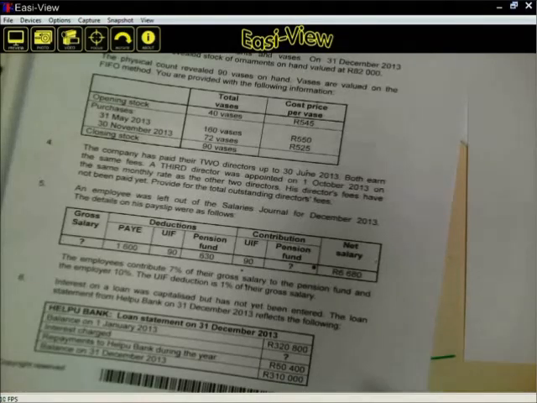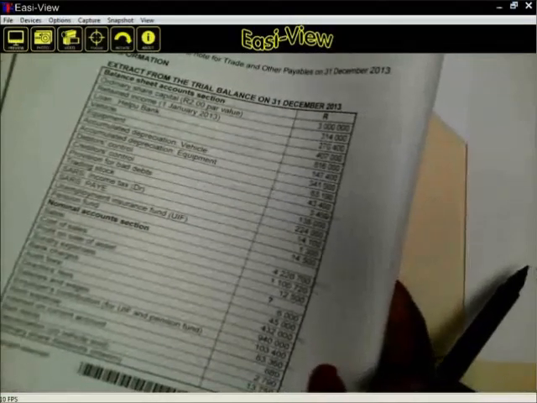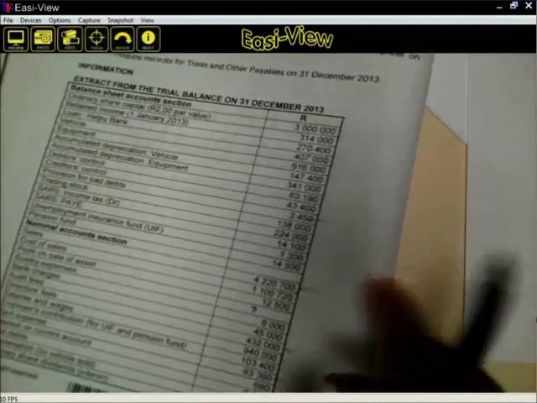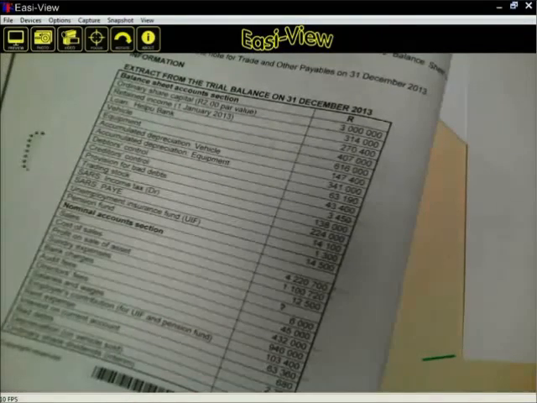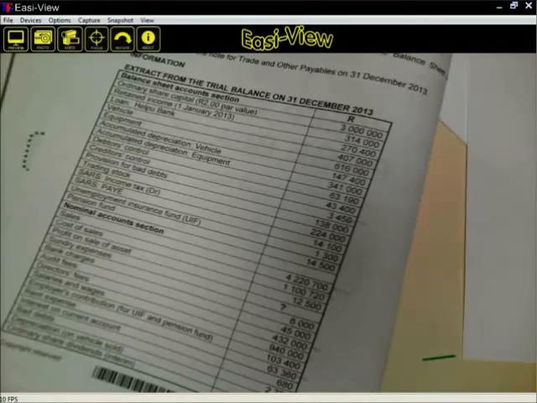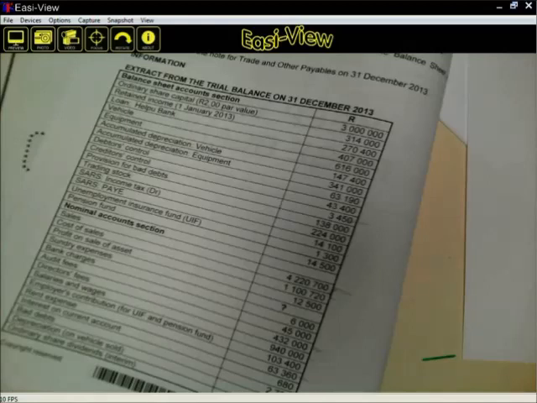First of all, let's check from this side. How much is our loan? It's 270,400.